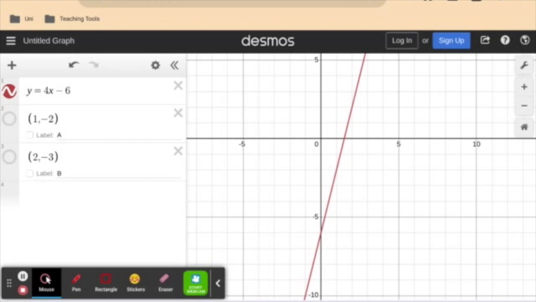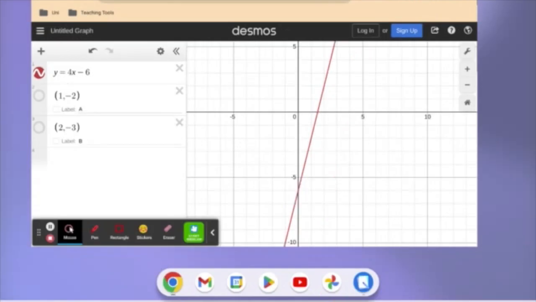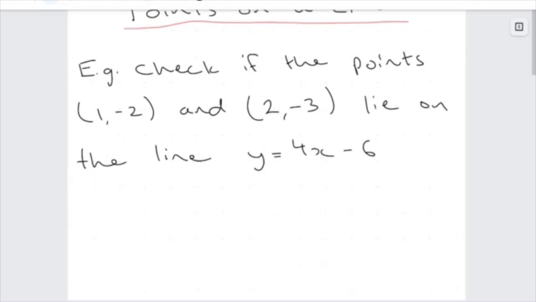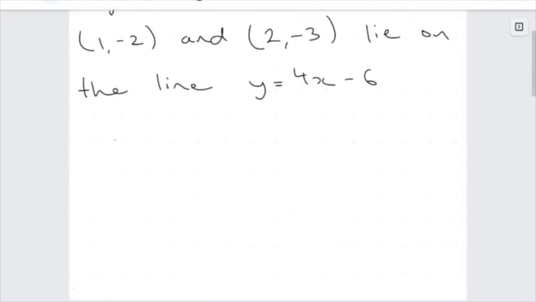But we want to talk about whether these 2 points actually lie on the line. So going back here, how did we actually draw these lines in the first place? Think back to the very first lesson we had in this video series. We drew a table of values.